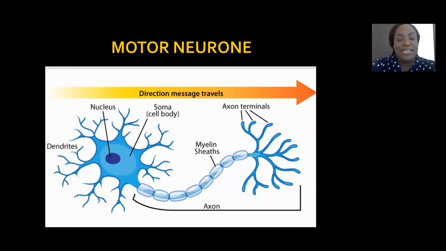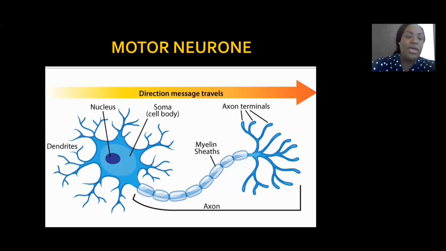Because these neurons are attached end to end, and because the motor neuron has the cell body at the end, the dendrites will be attached to the cell body, if that makes sense. We're going to watch a video that's going to show how they connect to each other, so it's going to make sense.